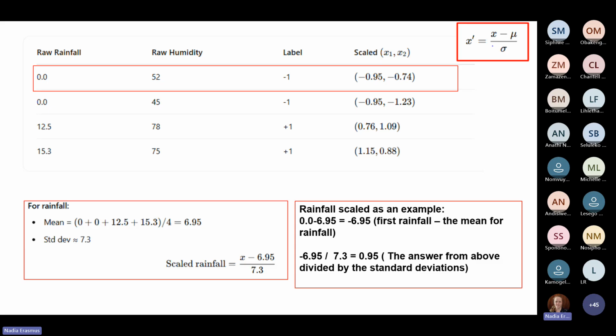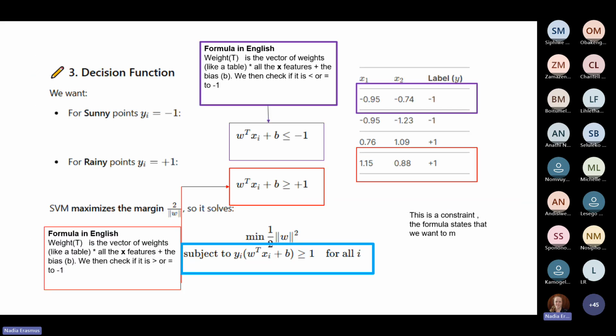The humidity of 52 becomes minus 0.74. So this is our scaled data for both of them. That's also what we already had, and now we can go and use this data. Okay, so we're going to get the weights.